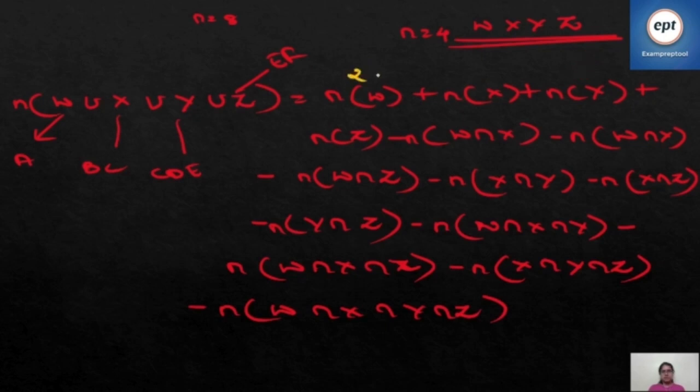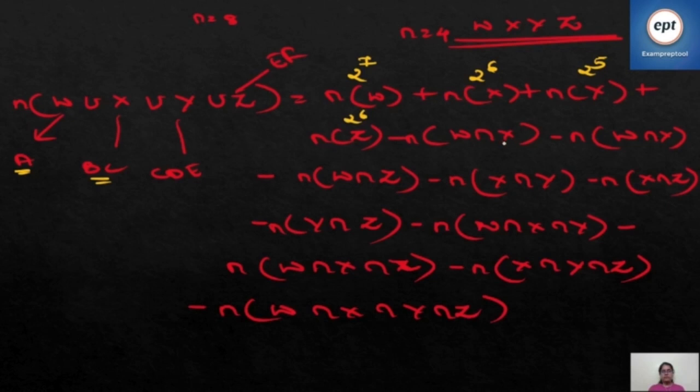So it will be 2 to the power 7, because we have one key. And for this we have two keys, so we subtract 8 minus 2, it will be 2 to the power 6. And here we have 3, so in Y we will write it as 2 to the power 5. And for Z we will write it as 2 to the power 6 itself.